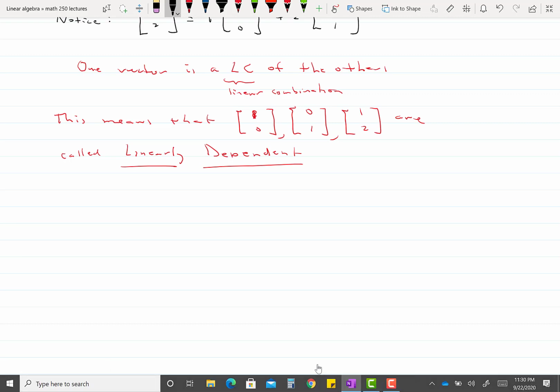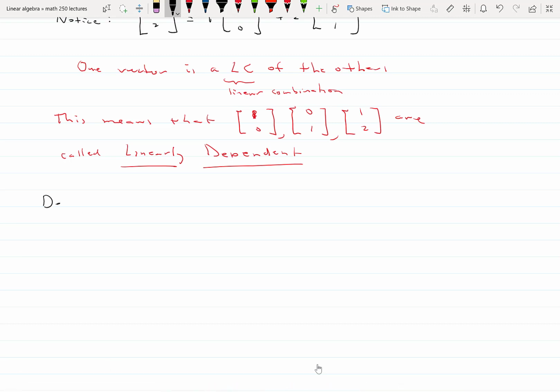So what I want to do is look at the strict definition of linear dependence. It's going to be important for us on our road to figuring out a minimal spanning set.